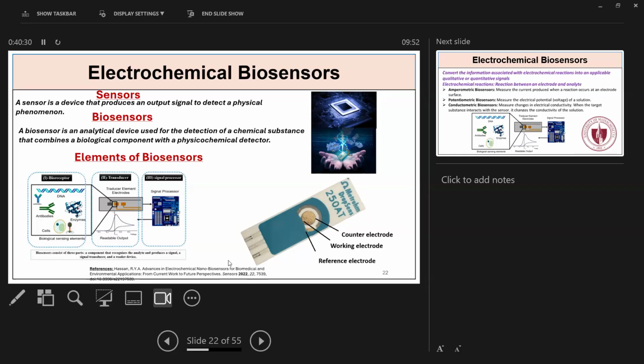And what are biosensors? A biosensor is an analytical device used for the detection of a chemical substance that combines a biological component with a physiochemical detector. So what are the elements? First is the bioreceptor, where the biological event occurs, nothing but the interaction of biological molecules present on the receptor.